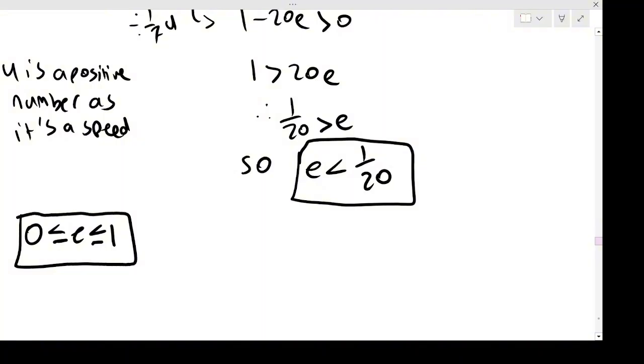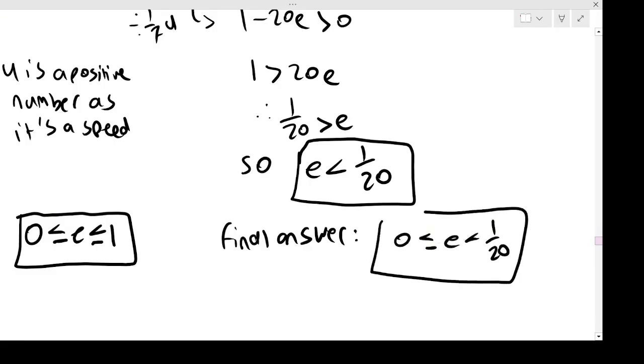So if e is less than 1 over 20, that means my final e is between 0 and 1 over 20. Okay, so this is actually my final proper answer here. These are the full possible range of values for e. Please do not forget that inequality. Okay, you may lose a mark if you don't include the full inequality.